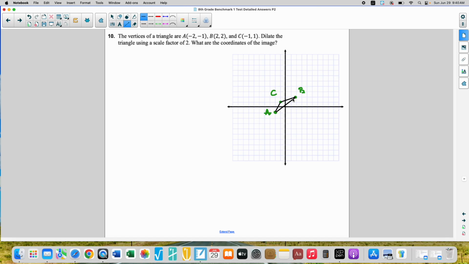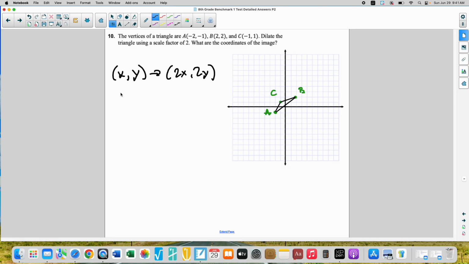So when we scale it by a factor of 2, we're expanding the object. This will be a little bit easier now that we're very comfortable with this template that I showed you. For every x, y, it's going to be equal to 2x, 2y.